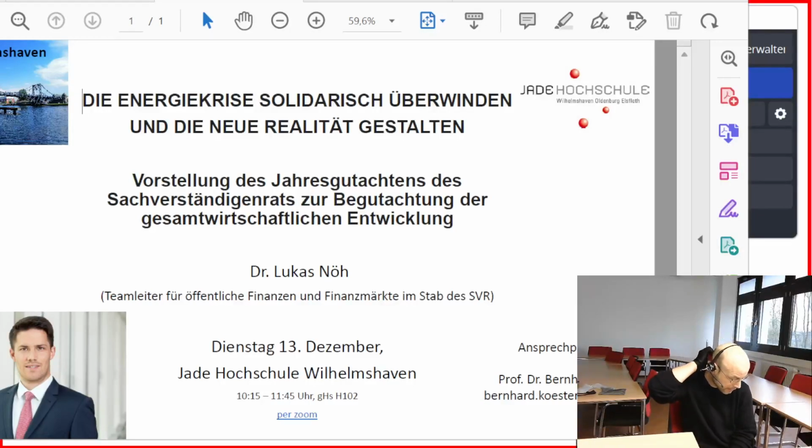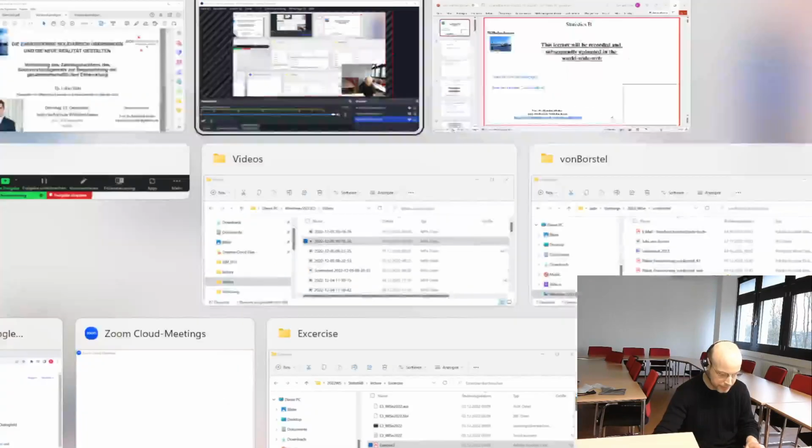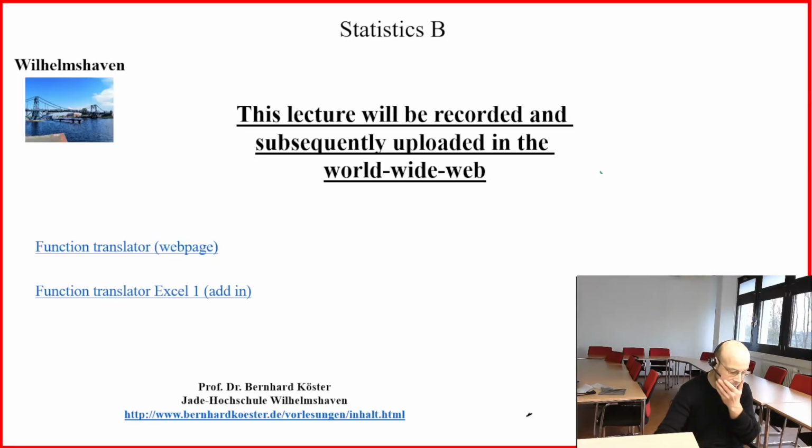And I had the idea that we can have something like a happening after this talk. I don't know what it's called in English, Glühwein. Maybe we can then around 12 o'clock meet in front of the main building of our university. So maybe you can join. This would be nice. Then we want to go to our lecture.